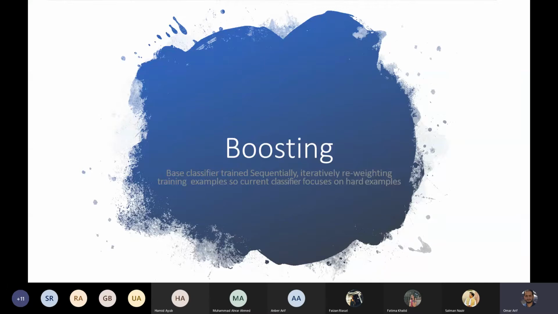Yesterday we started looking at ensemble methods, and the first technique that we studied was bagging.